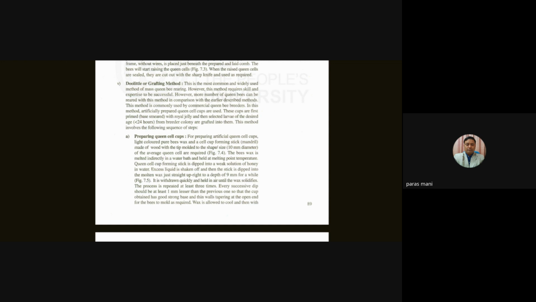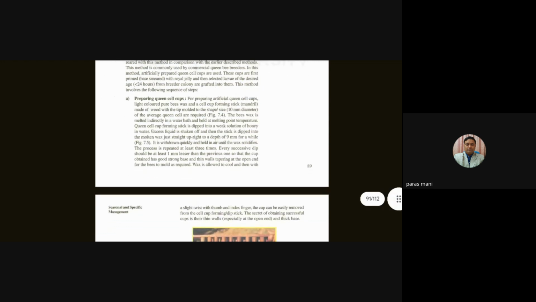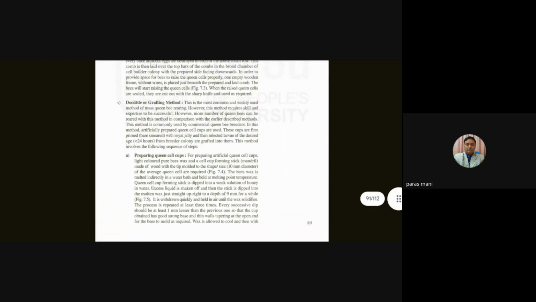We can extract this wax from earlier destroyed or damaged colonies. There is a process for making a wax sheet, filtering the wax, at a certain temperature, around 65 degrees Celsius, I think.